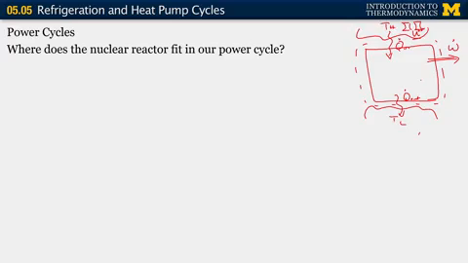And so for a power cycle, the generic way we define efficiencies is what you want divided by what you paid for to get it.